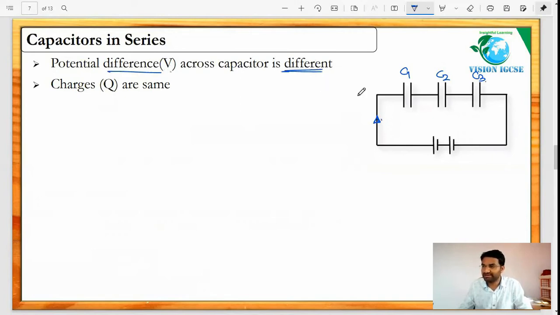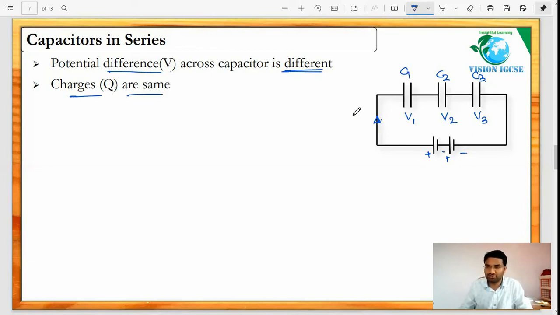Okay, it means at C1 the potential difference is V1, at C2 it is V2, and at C3 it is V3. Okay, positive, negative, positive, negative. And the charges are the same.